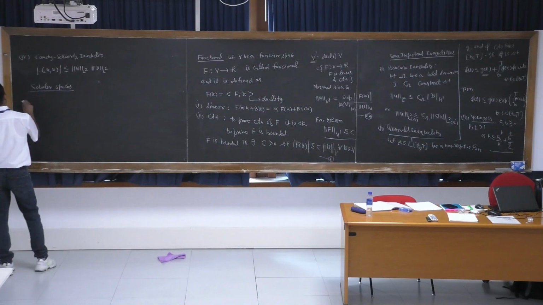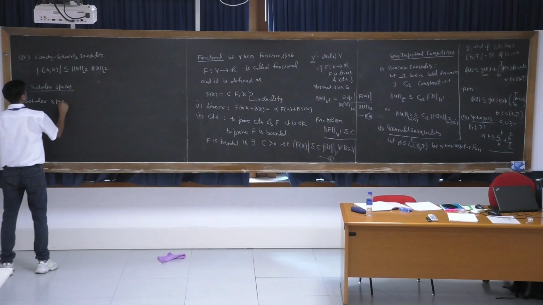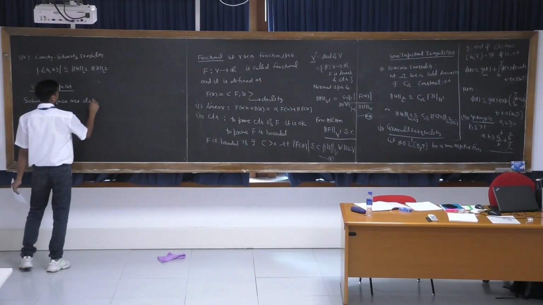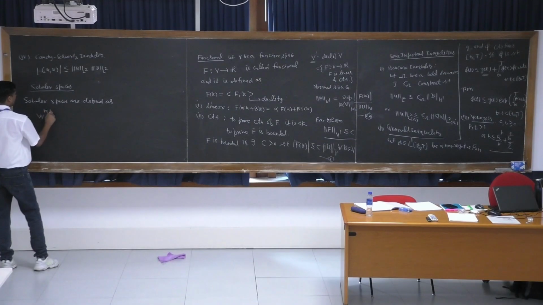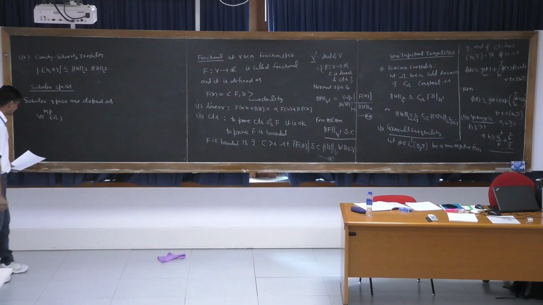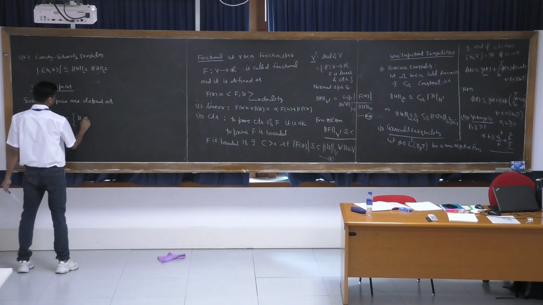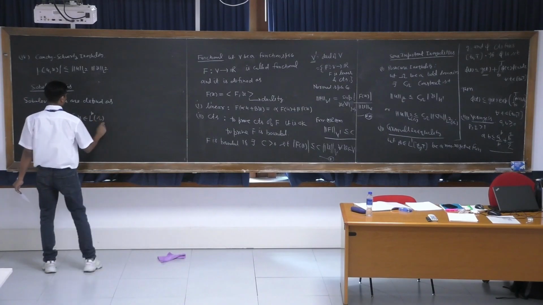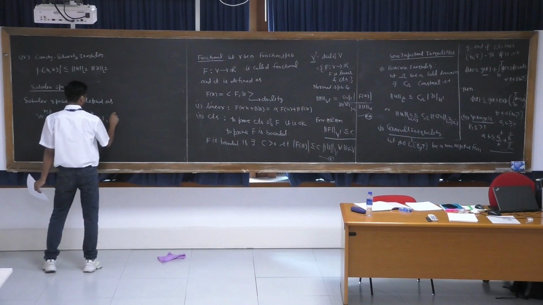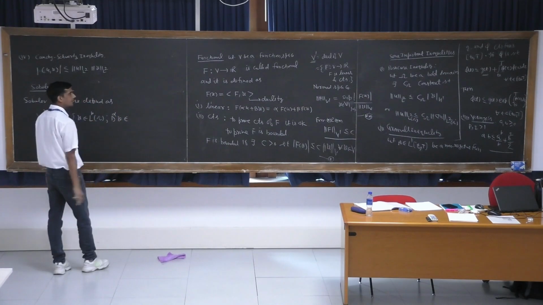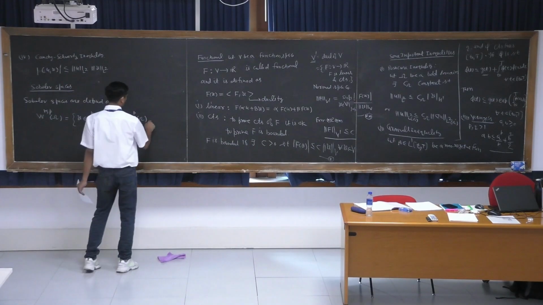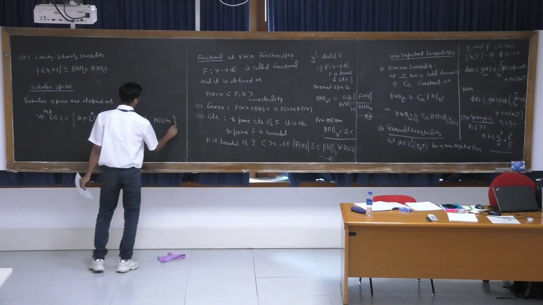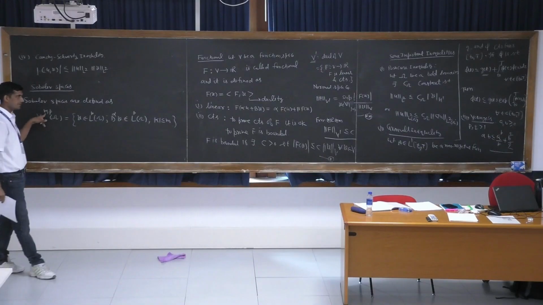So Sobolev spaces are defined as W^{m,p} over some domain omega, equal to the set of v belonging to the L^p space whose alpha derivatives, obviously these are the weak derivatives, also belong to L^p space for all mod alpha less than or equal to m.